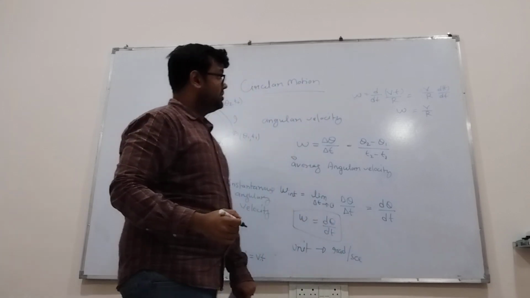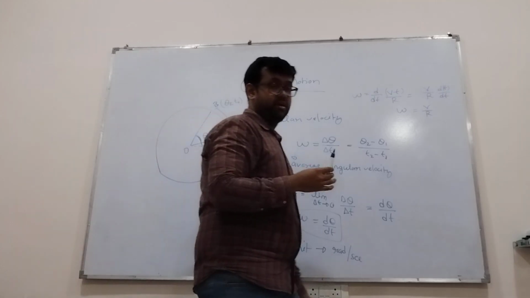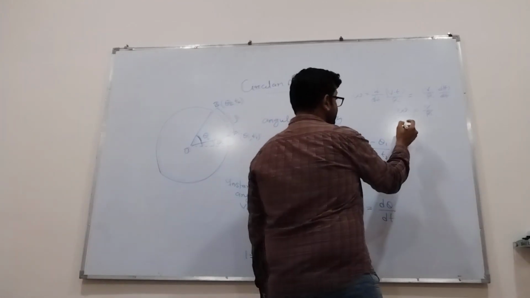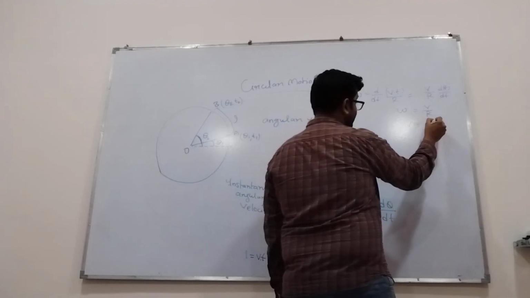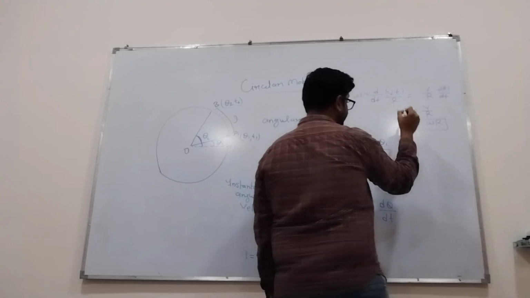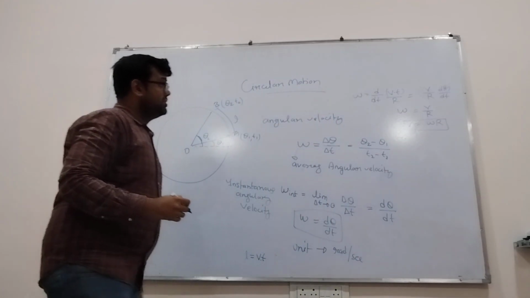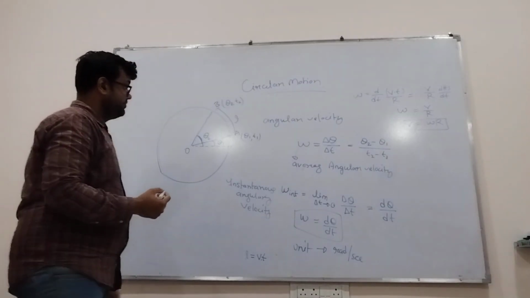Omega is nothing but the velocity upon the radius, and we can also rewrite this as velocity or speed is equal to omega into r. Speed is nothing but omega into r.